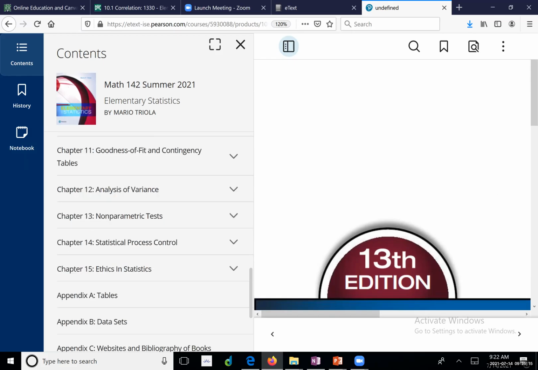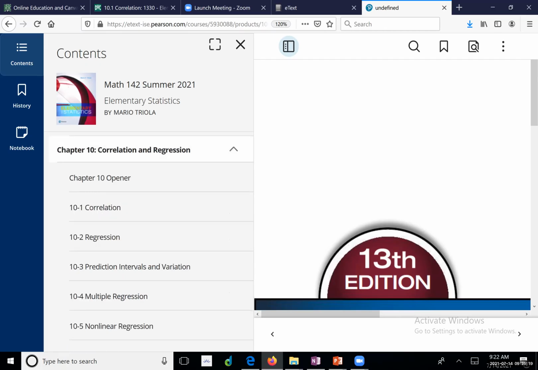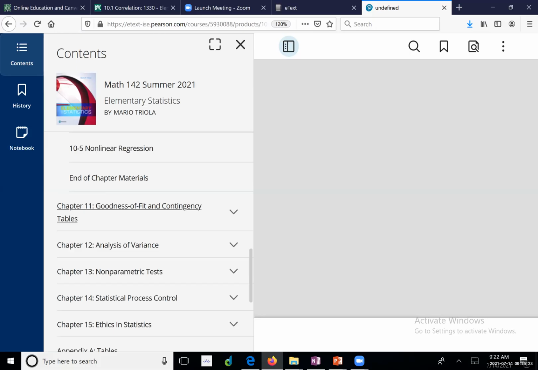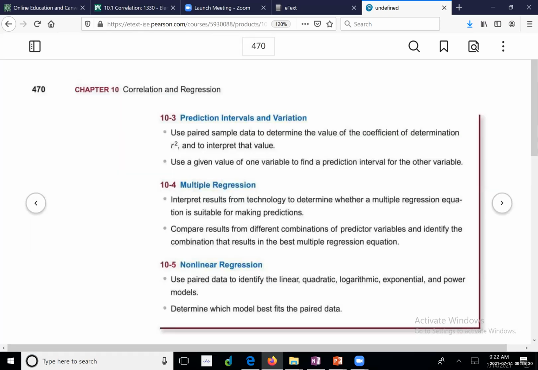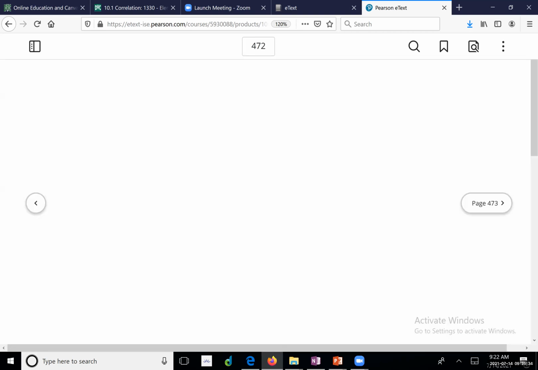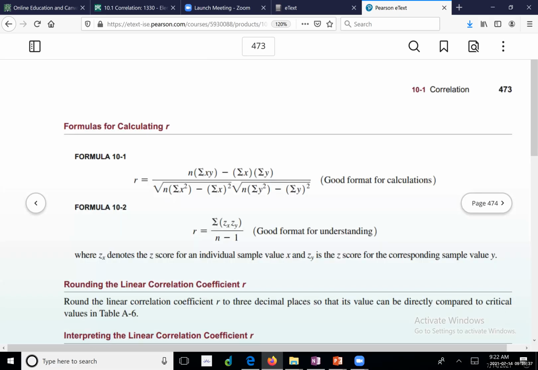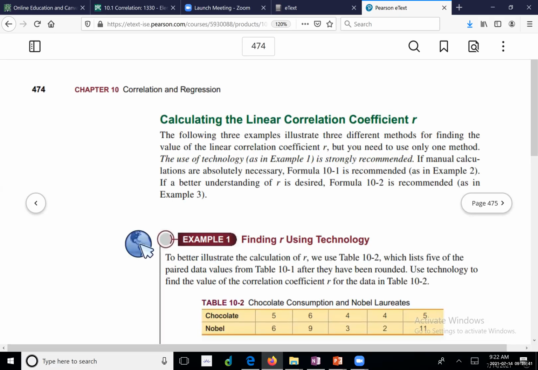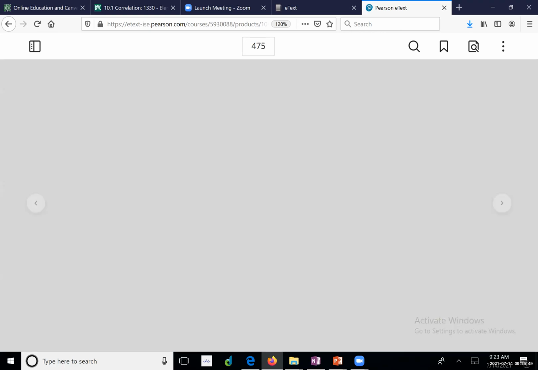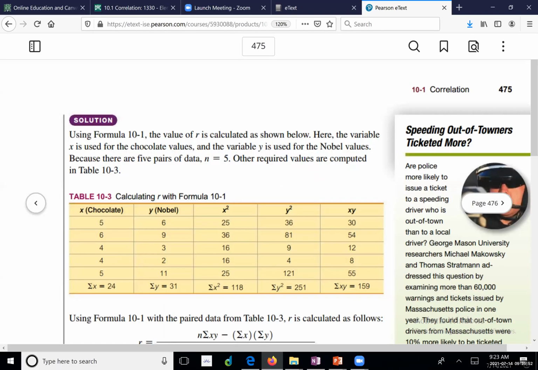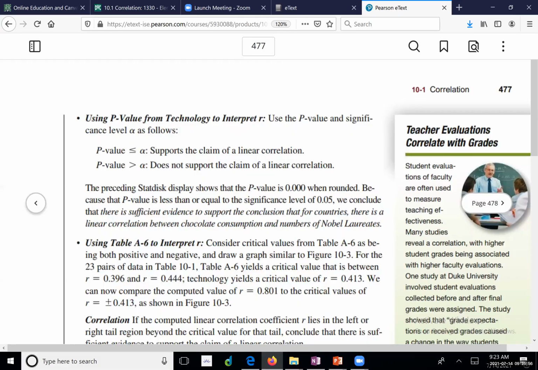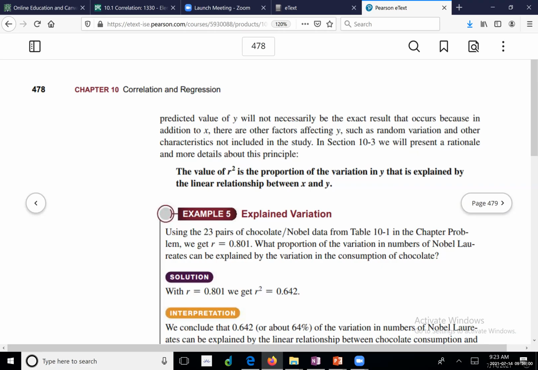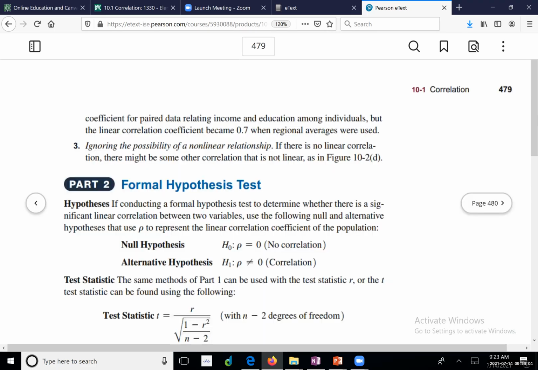Let's go to chapter 10.1. Just look at this definition.